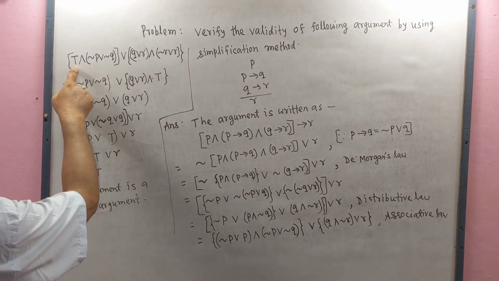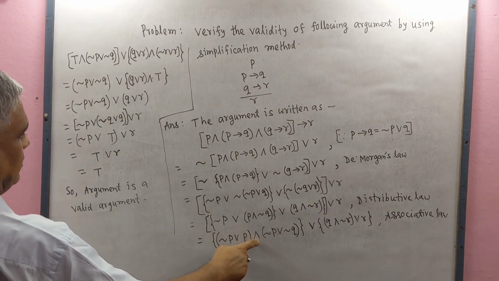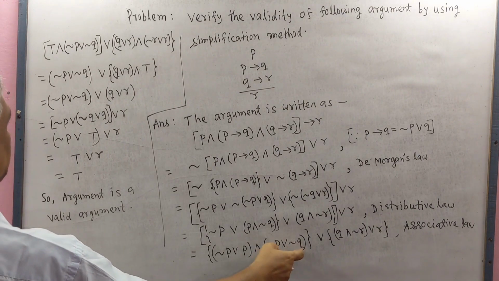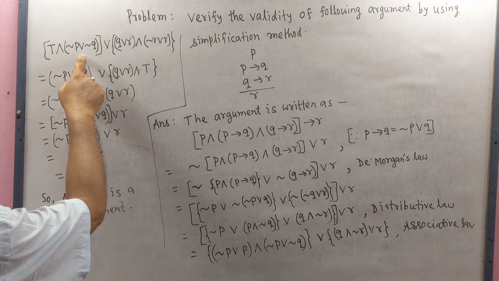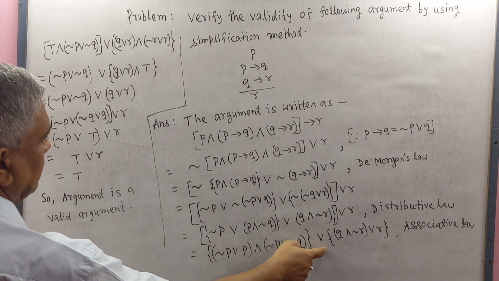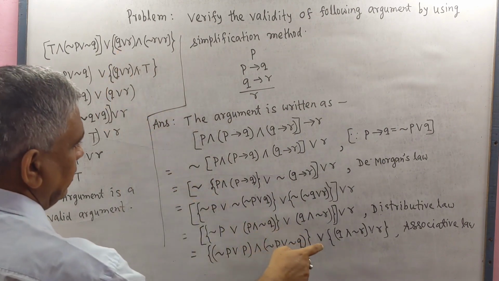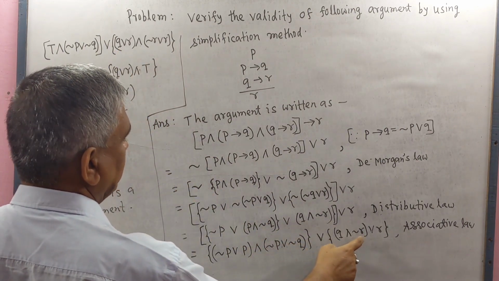Here we have written T. Conjunction negation P, disjunction negation Q. Then disjunction. Here we write distributive law.